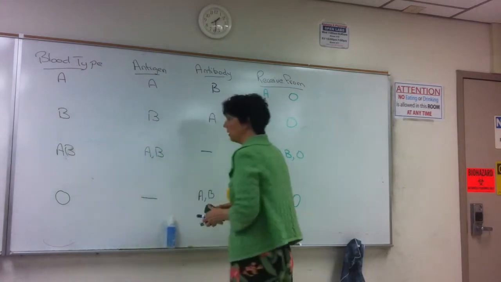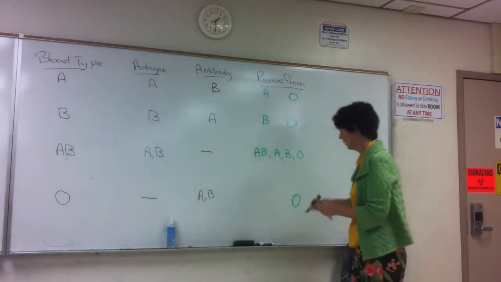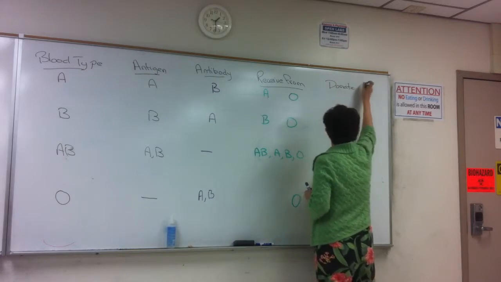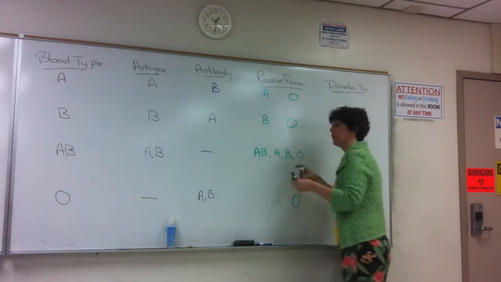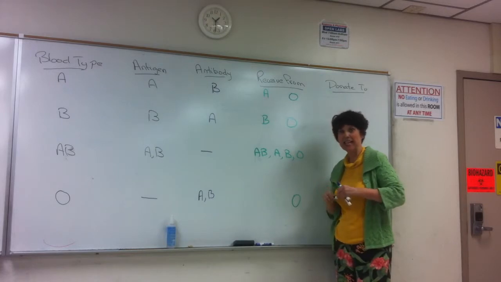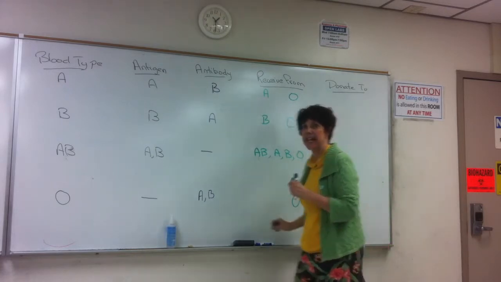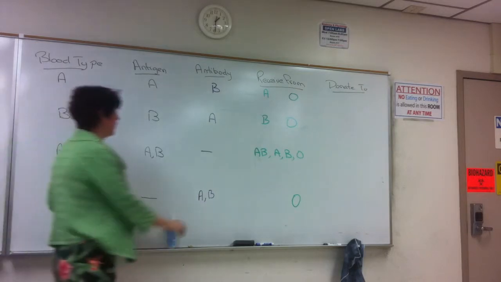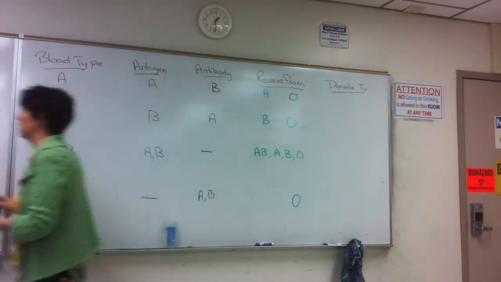It's the same principle, but in reverse. Now the blood I'm donating to is the one that can't have any antibodies. So now this is me, and I'm looking at who I'm donating to. So let's use the diagram over here for the first couple just to switch our brains.